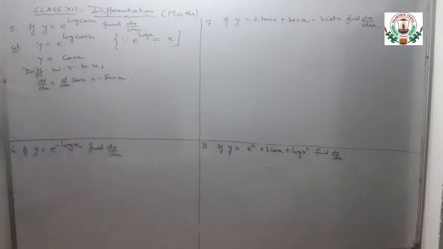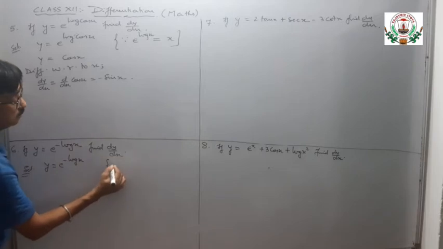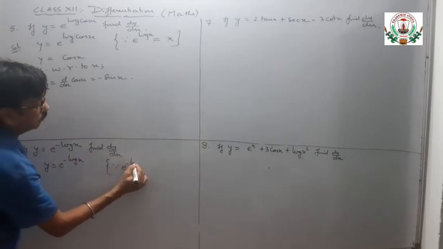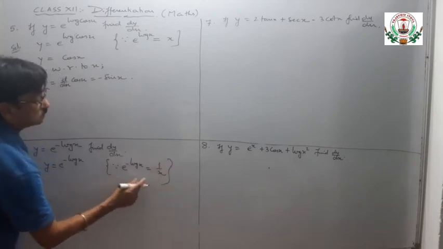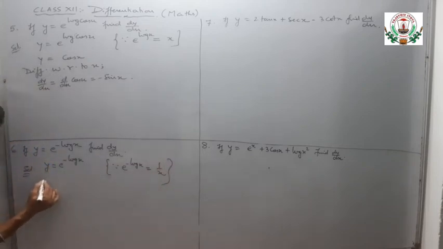Now the next question number 6, solution: y is equal to e to the power minus log x, and e to the power minus log x, I have given the formula in class 11. It is 1 by x. So y will become here 1 by x.